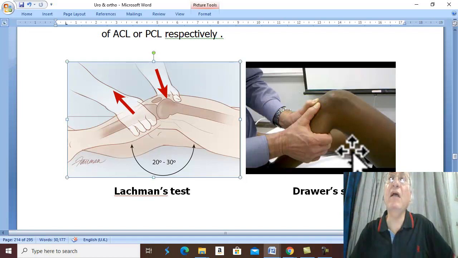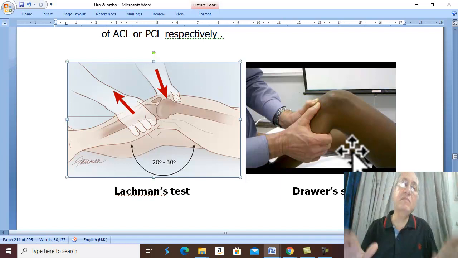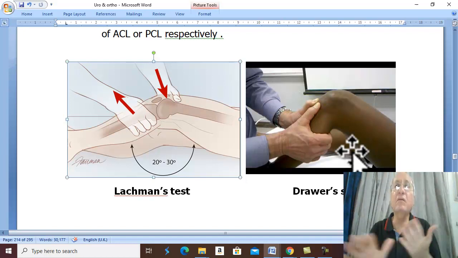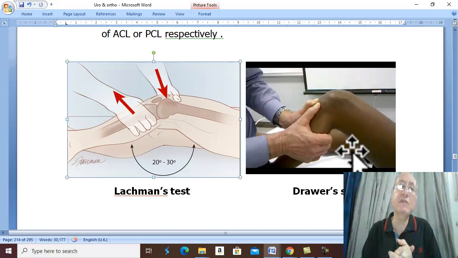What are the investigations? As with menisci, in any intra-articular injury of the knee, MRI and arthroscopy are the best investigations. Treatment is conservative.